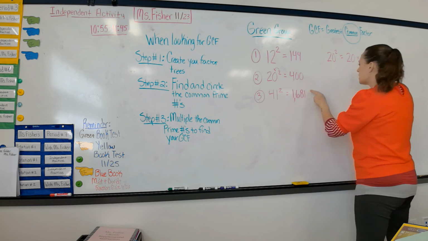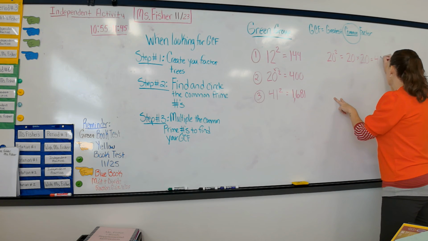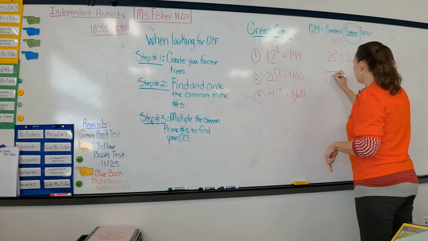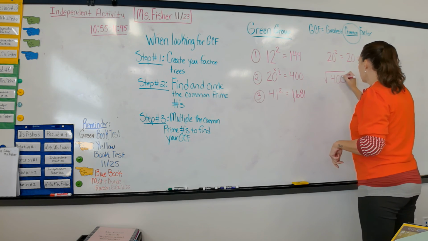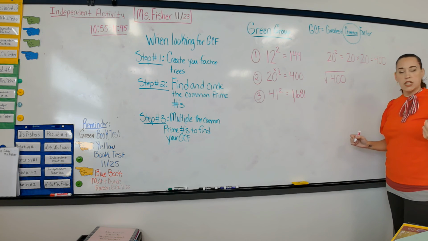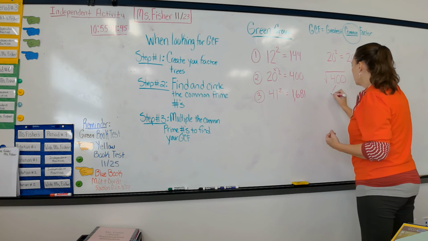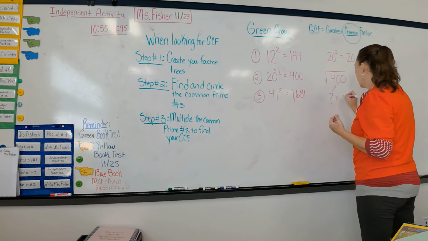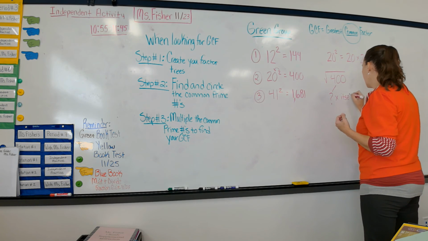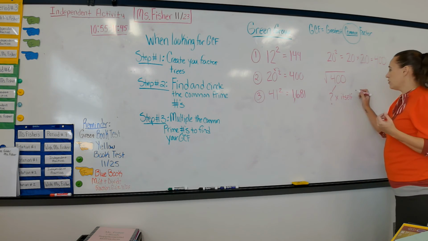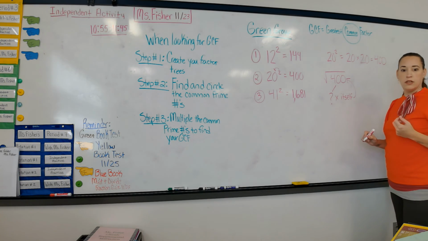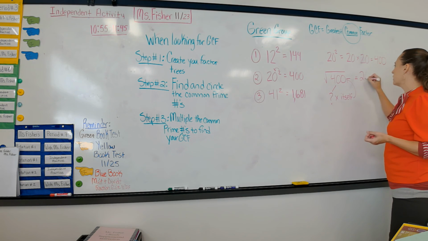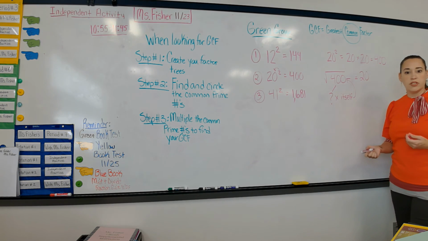I have two 20s, and that equals 400. The square root. So if I asked you what's the square root of 400, okay, what I'm asking you is what number times itself gives me 400? What number times itself gives me 400? And the answer would be 20. And that's why they're the inverse of each other.